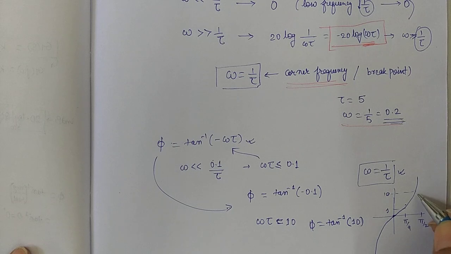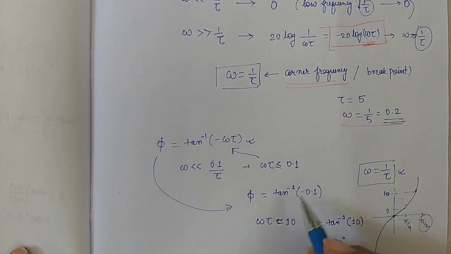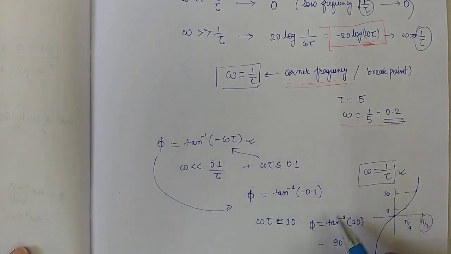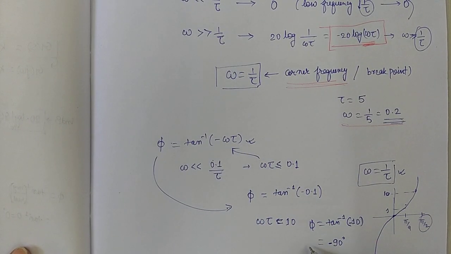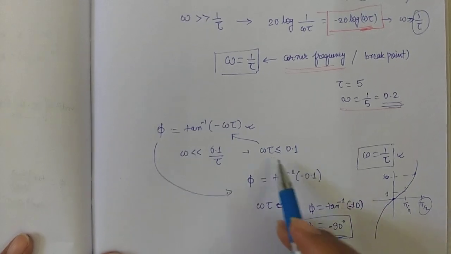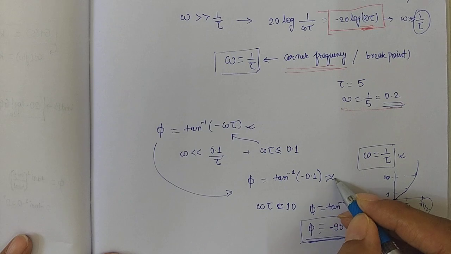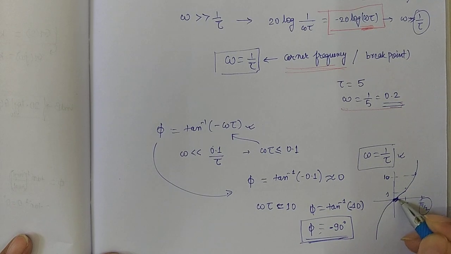So the higher the number, you are going close to pi by 2, 90 degree, and since minus is there, this is minus 90. So at higher frequency, things are going close to minus 90, and if it is lower than some certain limit, it goes close to 0.